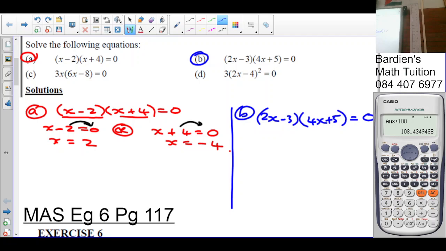Is that in the form of a times b equals 0? Yes. So what do I do? What do I say? 2x minus 3 equals 0 or 4x plus 5 equals 0. Then what do we do? Solve the equation. Not so? Yes. So do that quickly.